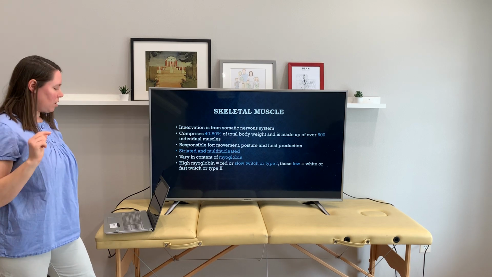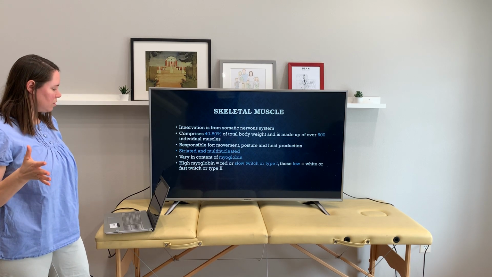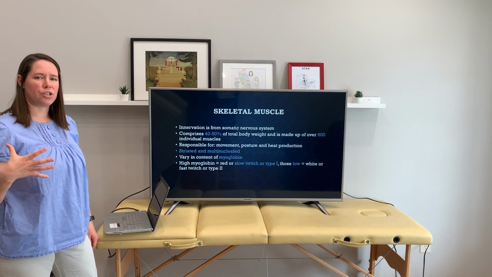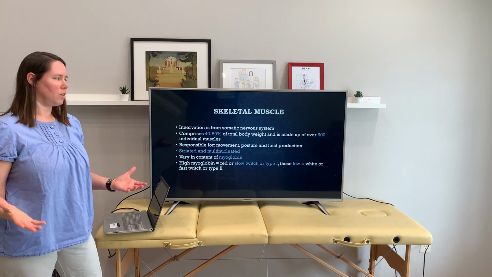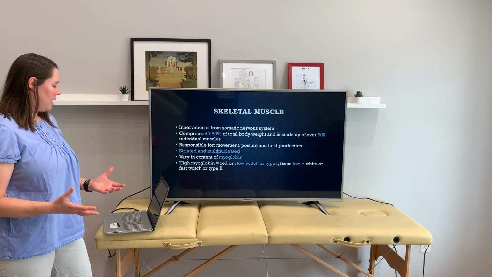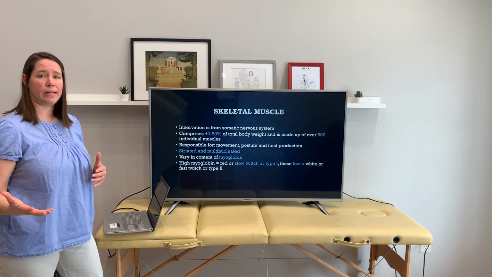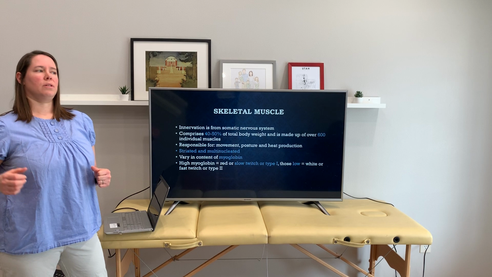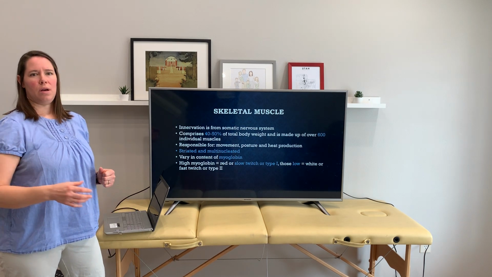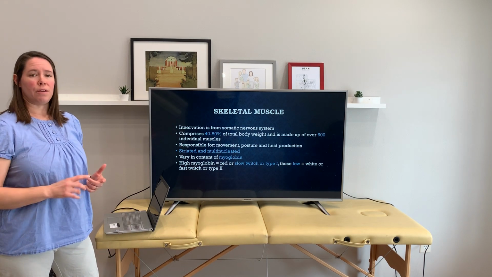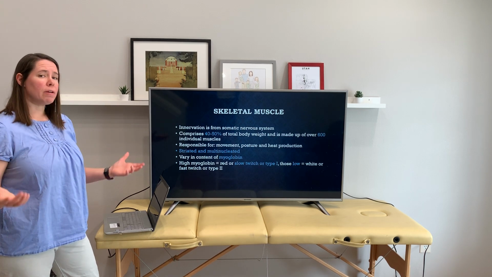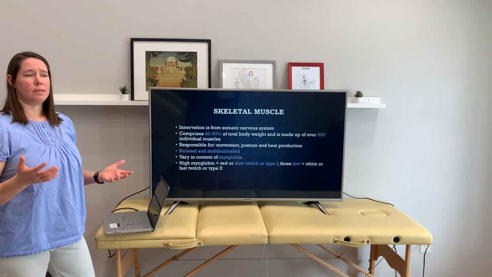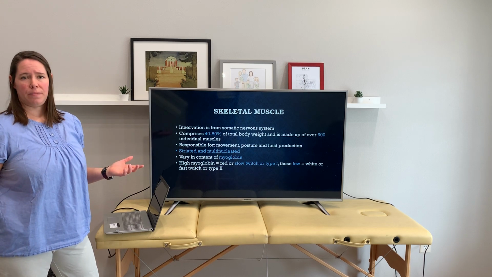So slow fibers are more about posture and endurance and being able to hold a contraction for a long time. And then your fast glycolytic are more about being able to throw a ball. They can function anaerobically, but they fatigue really quickly. Pretty much every muscle in your body has a makeup of all of these.